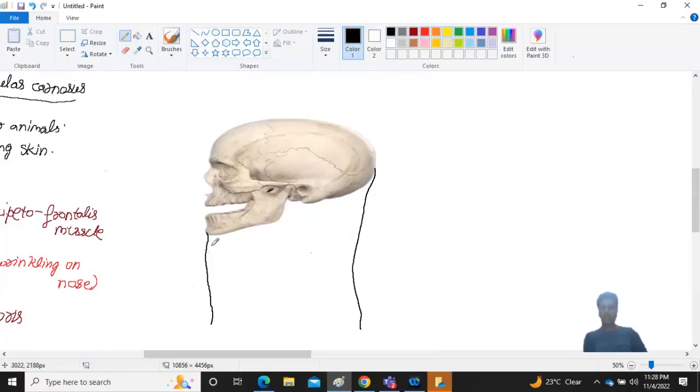We know there is a bone present just below the mandible called the hyoid bone. This is the hyoid bone, like this.